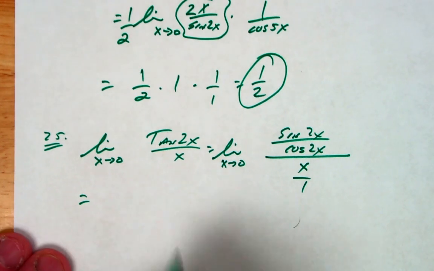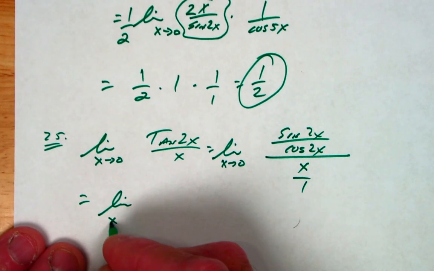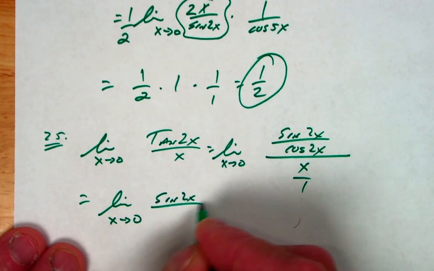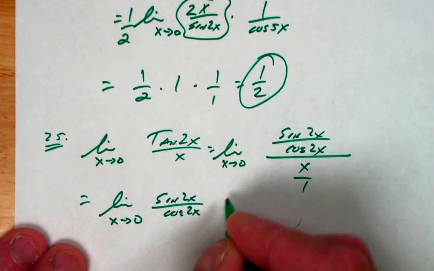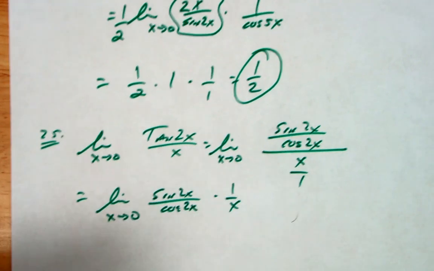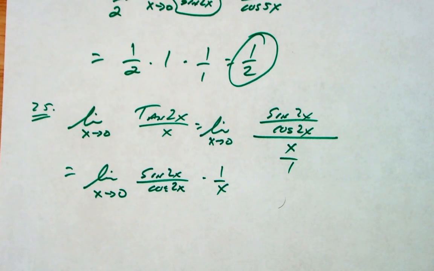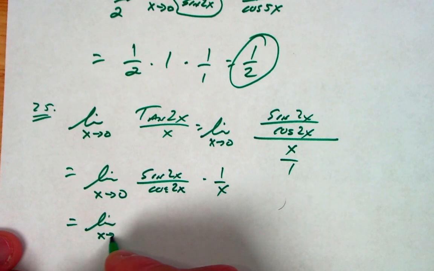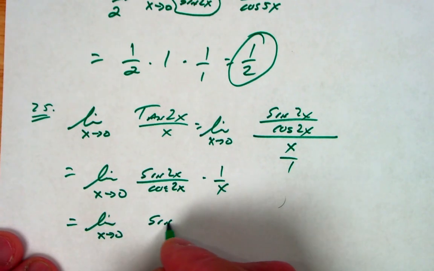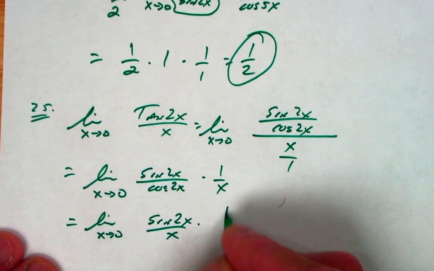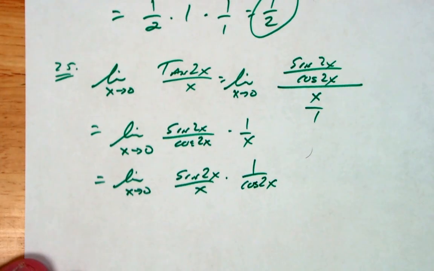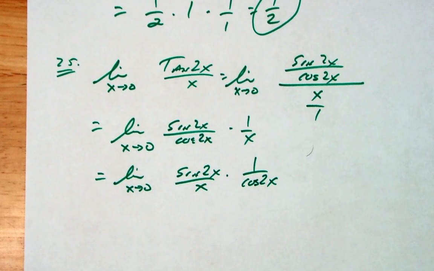So now I'm going to go ahead and do some magic on the top. I'm going to show what I'm doing more than I did last time. I'm just multiplying by the reciprocal. We all know that. And I'm going to go limit as x approaches 0. Let's reorganize. We're almost there. What do I need where?